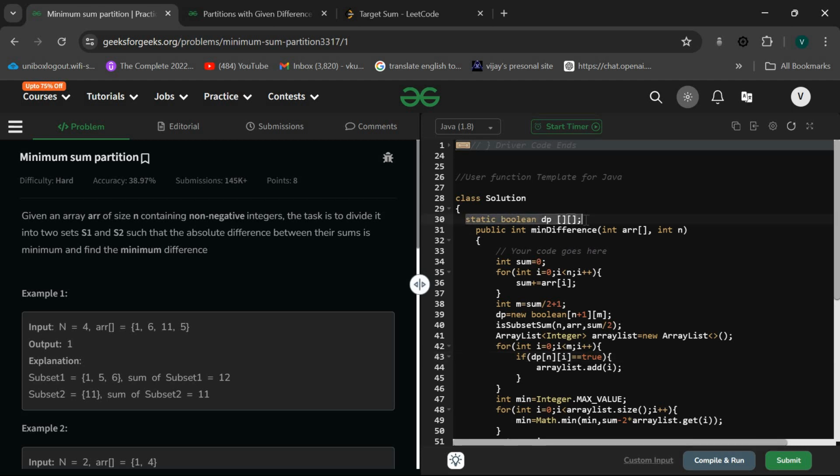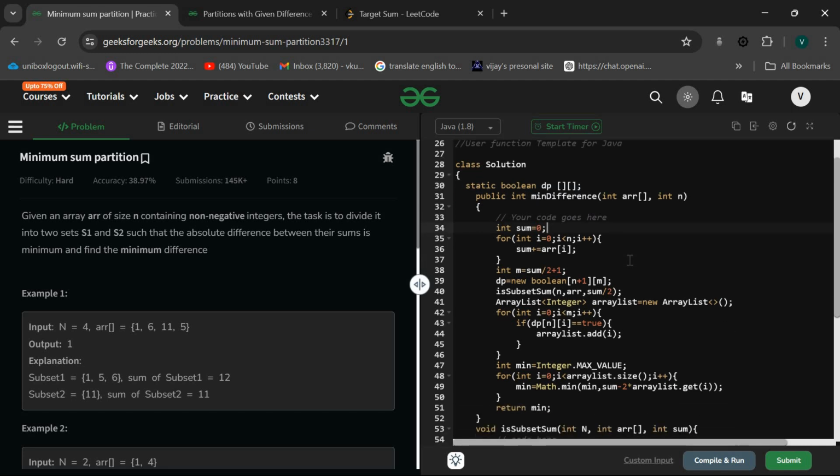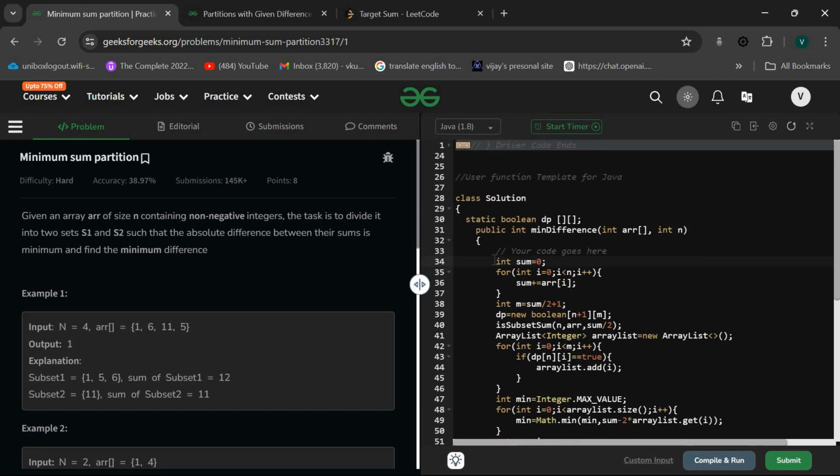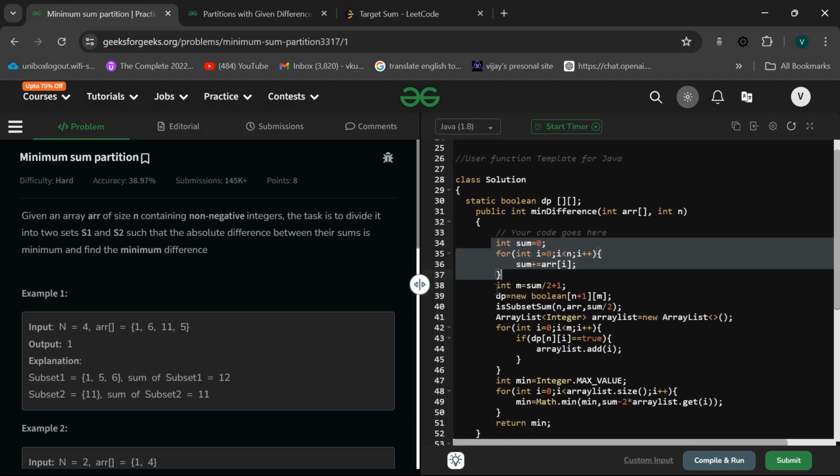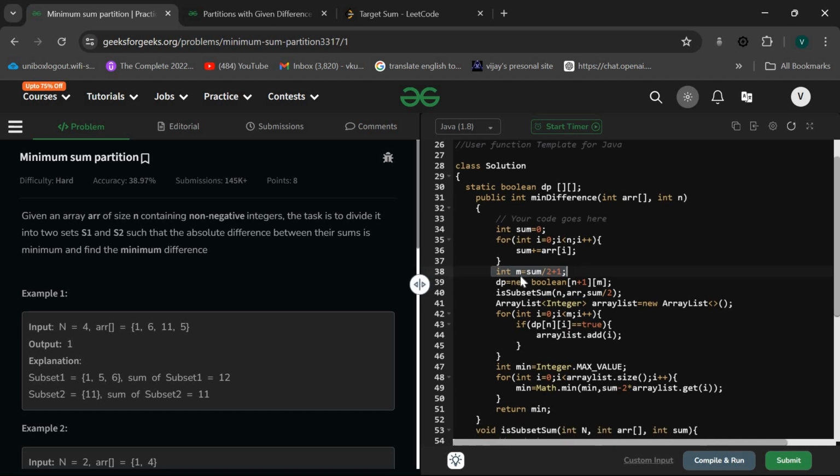This is the DP matrix. This is the sum. Firstly I will count the sum here. Okay, simple code. After that I take a variable for S1, for counting S1.